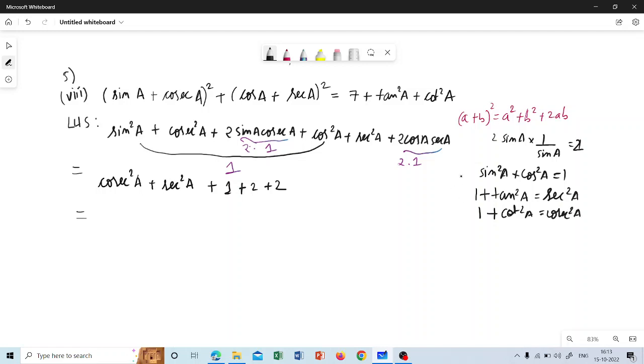These identities are needed because I need tan and cot, but here we have only sec and cosec. So I can directly write 1 plus tan square a is equal to secant square a.